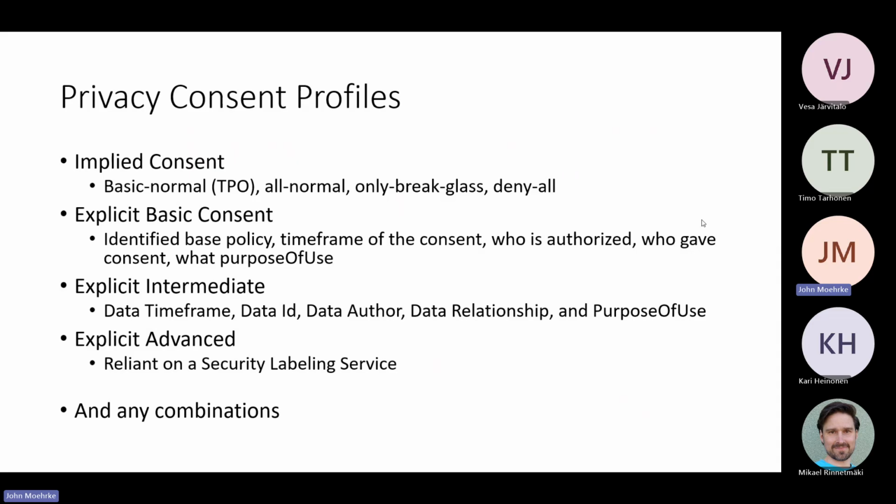With implied consent, we defined 4 policies, and we defined them in generic terms. Obviously, they have to be backed by some real policies, but essentially to show how these kinds of consents can be built as building blocks.